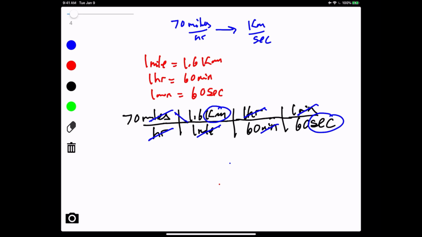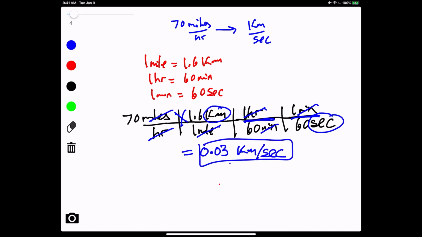So 70 times 1.6 divided by 60 divided by 60, that equals 0.03 kilometers per second. So that's our unit conversion. Now we can convert this, by the way, to scientific notation. It's not a particularly small number, but it's good to practice scientific notation just to get used to it.